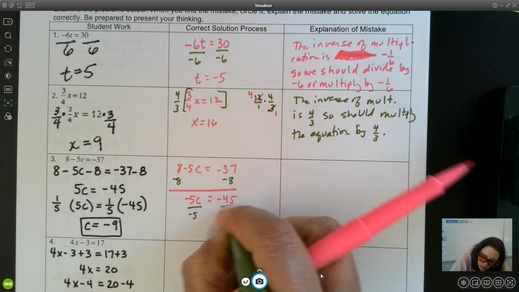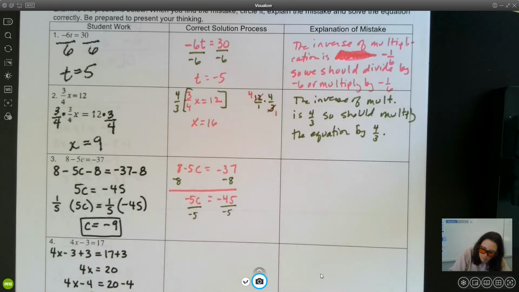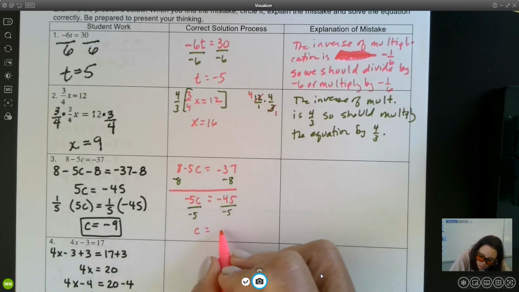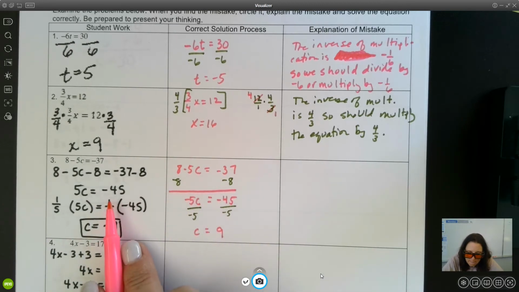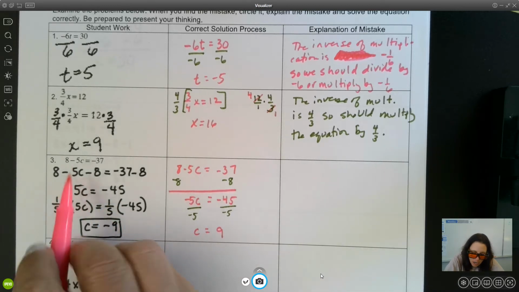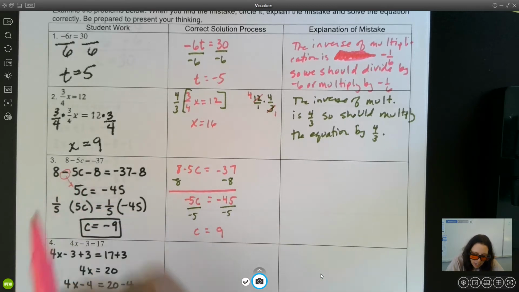Okay, I think this is a little cleaner looking. So that would be c equals negative divided by a negative is a +9. Okay, let's go ahead and compare the two. Okay, so it looks like, ooh, they forgot this negative right here. They forgot to bring down that negative.